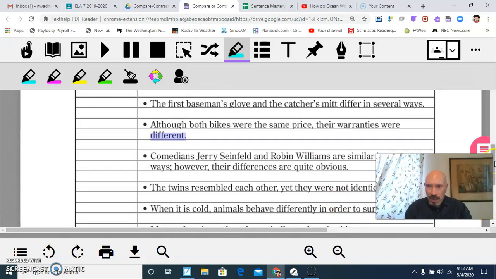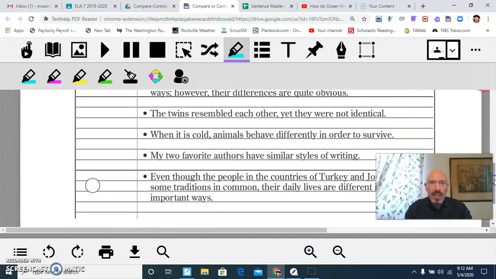Okay. Further examples: the twins resembled each other. That's actually two words from our list. Yet they were not identical. So here, there's a difference that's going to be discussed, but it's implied.